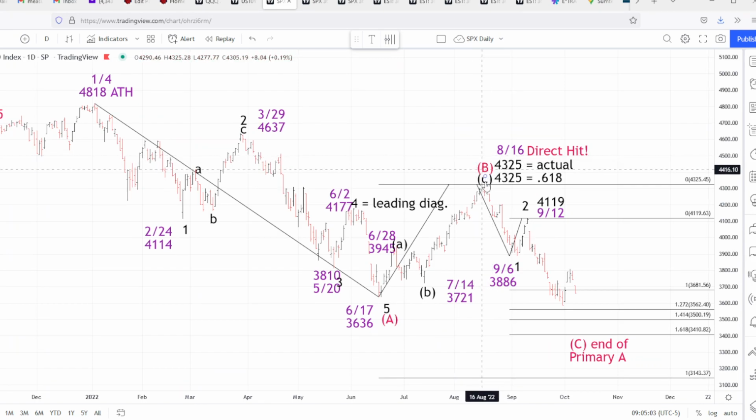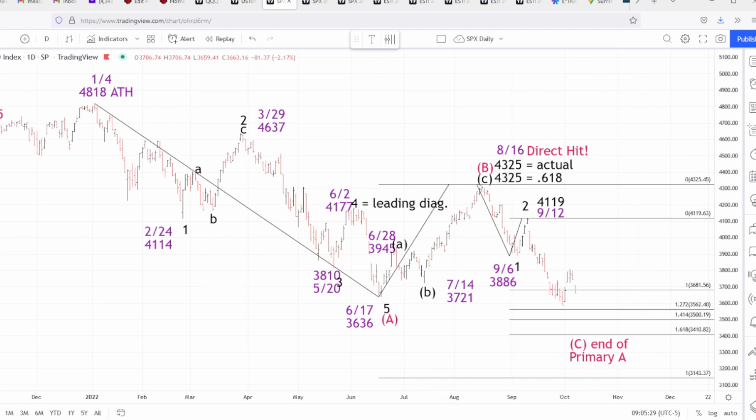And then you can see the C wave down is beginning with a 1 down, a 2 up. And see here again, we're just short of the 1.272 for the third wave target. This should be a 1 down, a 2 up, a 3 down, a 4 up, and a 5 down, which would end wave C in parentheses. That's intermediate degree in red.